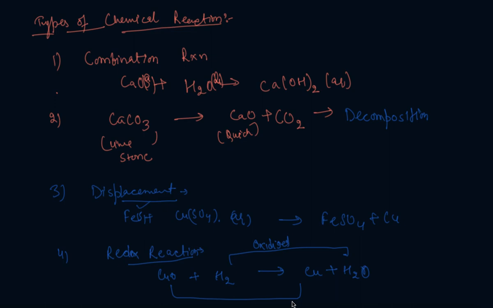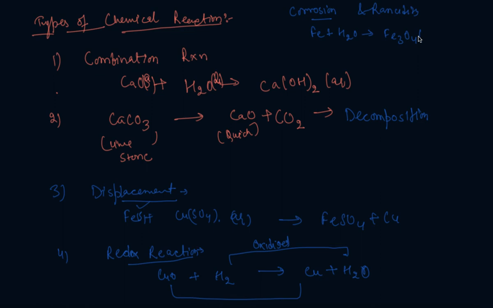In the last part we discussed corrosion and rancidity. In corrosion we discussed that when iron comes in contact with water from the atmosphere, it gets oxidized and forms Fe3O4, which is the corrosion of iron, or you can say rust.